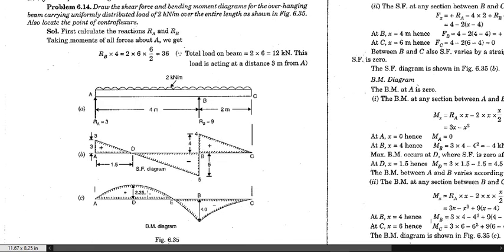As you can see from this diagram, at the point E the bending moment is zero. That is the point of contraflexure where the bending moment changes sign from positive to negative and its value is zero. Before proceeding with this question, you must be able to determine these reactions.